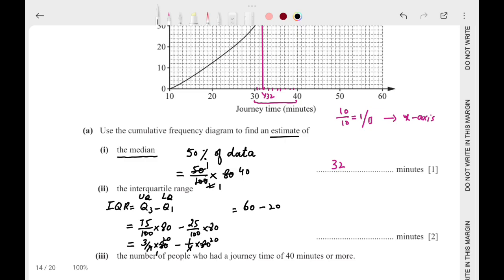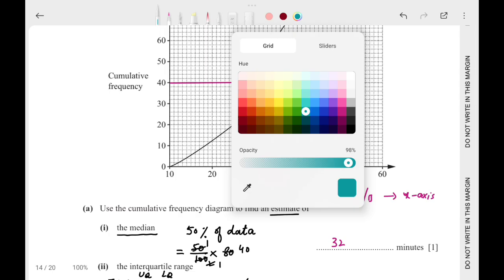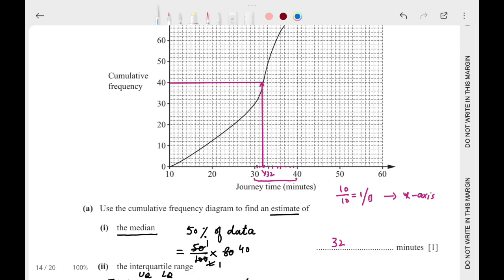Now we have to see the values from the graph, from the cumulative curve. Against 60 we'll see the corresponding value, and that would be 31, 32, 33.